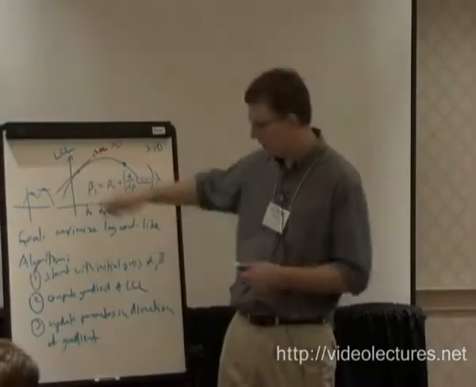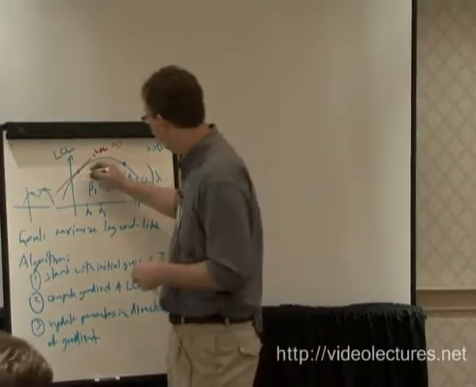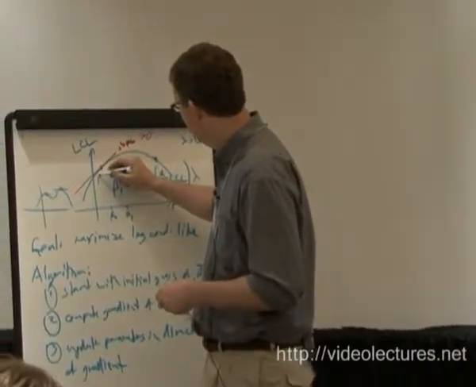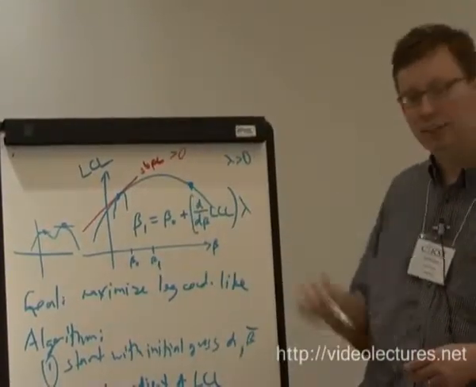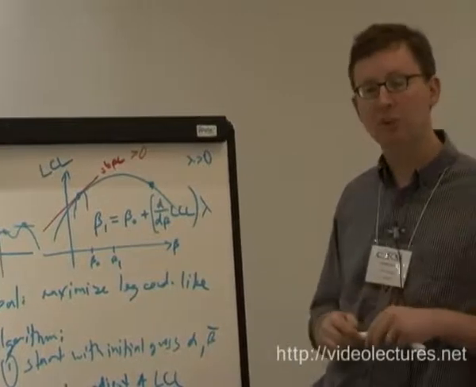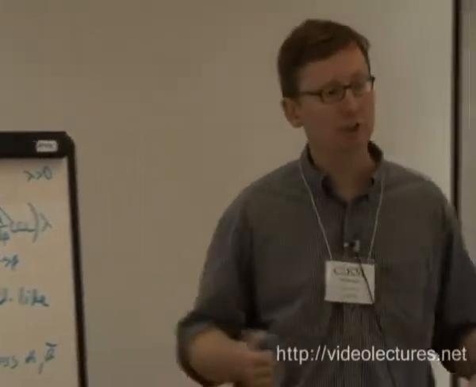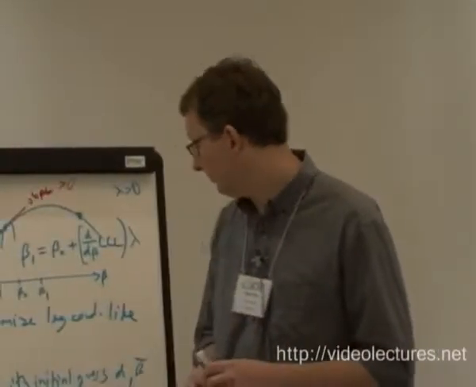This function is very curved. If it's like this, so that's high curvature, then you want to take a small step. And if it's low curvature, then you want to take a big step. You'd put the second derivative into this formula also.